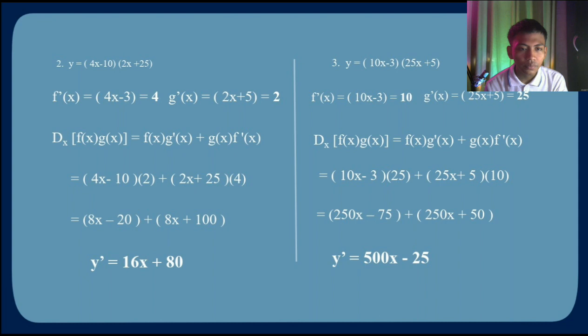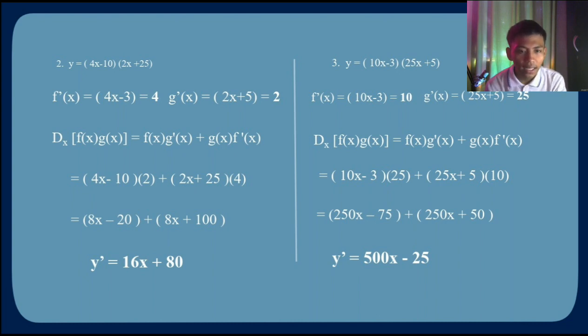And the derivative of f of x is equal to 4. Again, we have to combine, or let's apply the FOIL method. 2 times 4x is equal to 8x. 2 times 10 equals 20, plus 2x times 4 is equal to 8x, plus 25 times 4 is equal to 100.